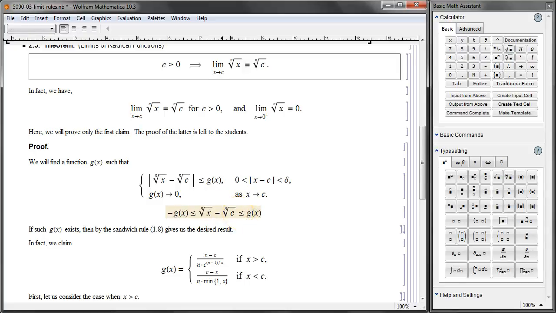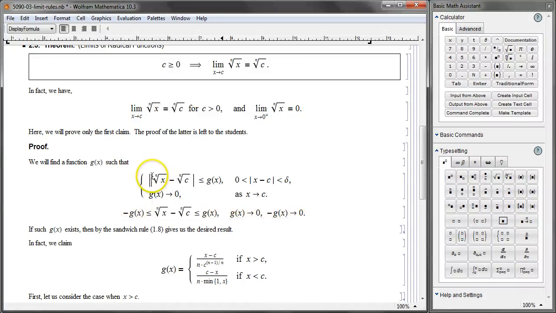We're going to be in this kind of situation, and then both g of x and negative g of x will go down to 0 because negative 0 is 0, and consequently by the sandwich rule this middle function will be squeezed by these two upper and lower bounds tending to the same limit, so this will go down to 0.